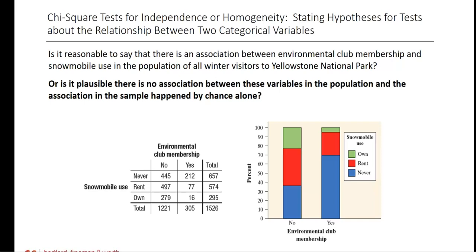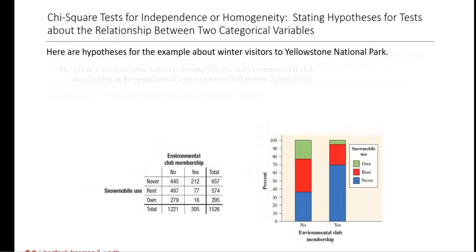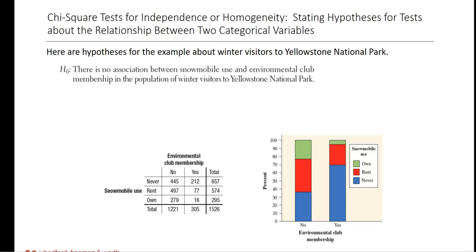And so we'd have to do a chi-square test for independence here to see if there is an association or not. The null is always, for chi-squared independence, if they're asking about association or independence, you always start the null with the same words: there is no association between blah, blah, blah.